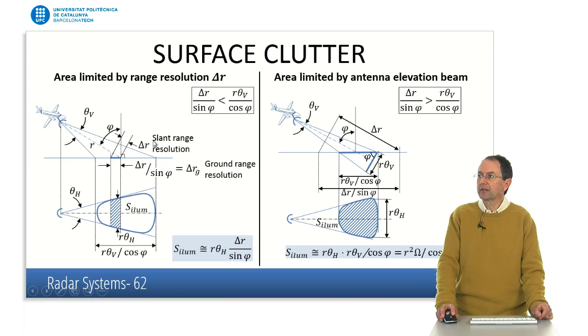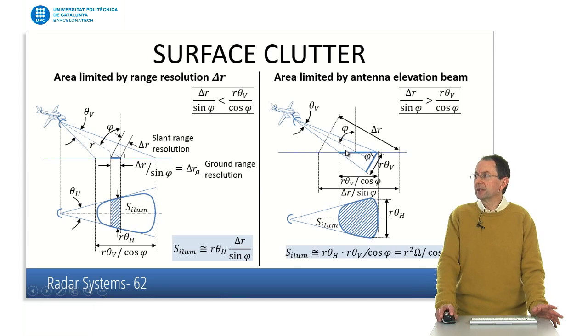So we have the slant range resolution. It is projected to the ground range resolution here, this part, and this is the surface of illumination, and this is the resulting expression. If we have a low resolution radar, then the range resolution does not determine the surface size. The surface size is actually a consequence of the beam of the antenna.